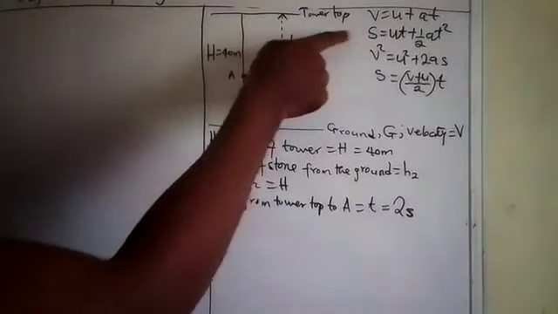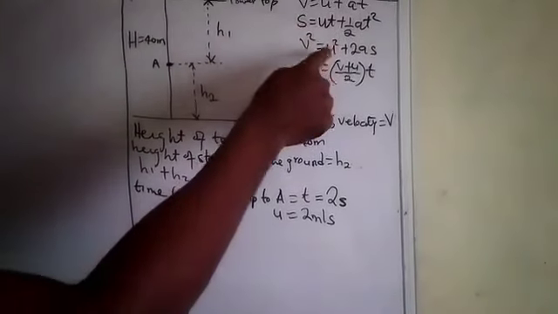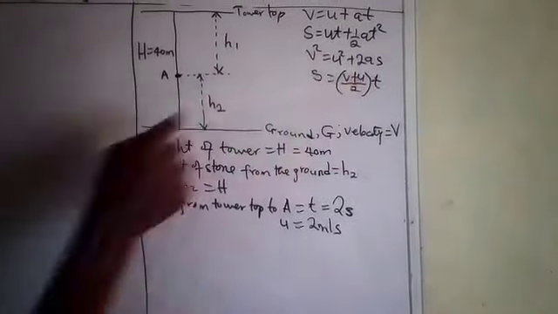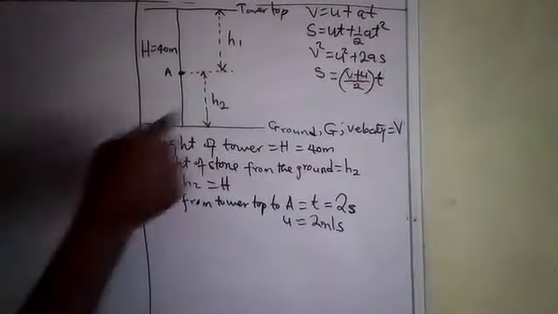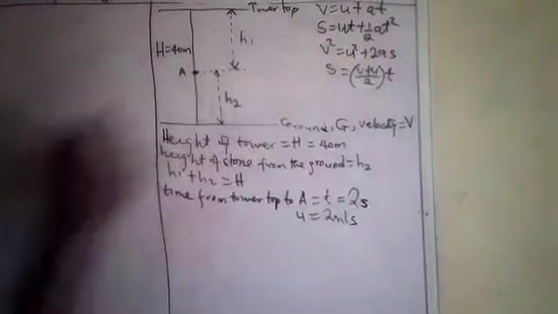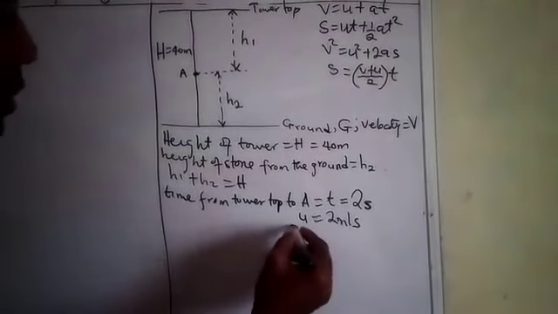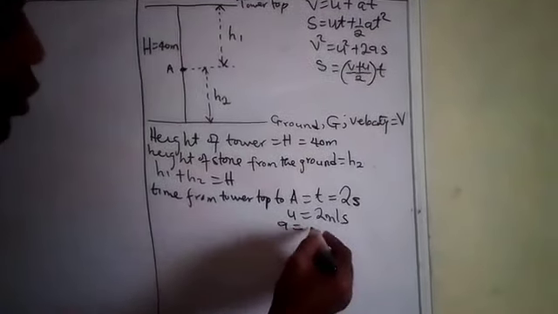Now, there are 3 equations that have U. We are looking for S. We know U. We know T from here to here. And we know A. Our A is going to be acceleration due to gravity because the object is moving under gravity. So anywhere we see A, we change it to g.